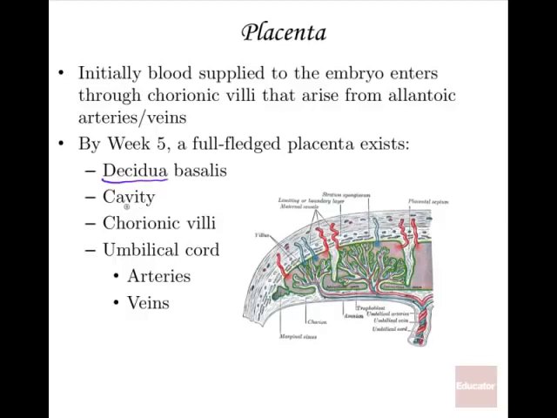And that's why I've said, hey, there's a cavity in here. All this space here, you can see it here. It's the intervillous space. You can barely see that term, but this space around the chorionic villi, which are coming from the embryo, you have maternal blood just coming into here.